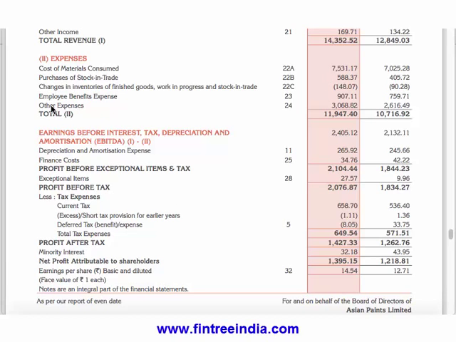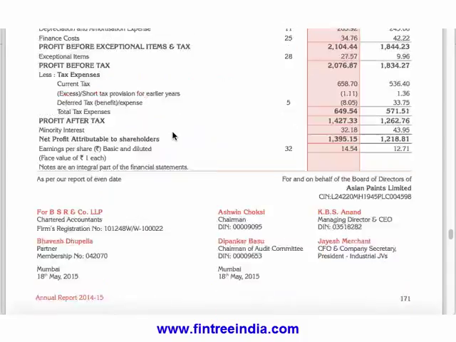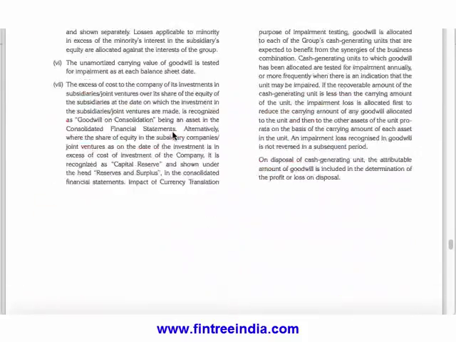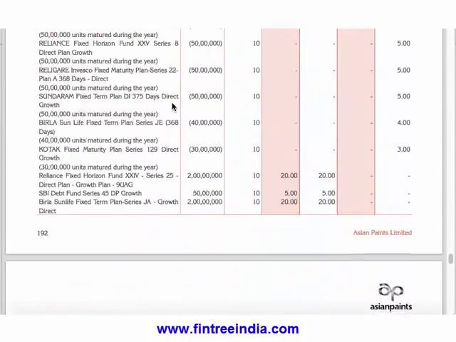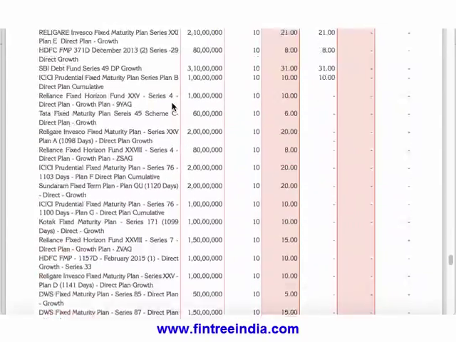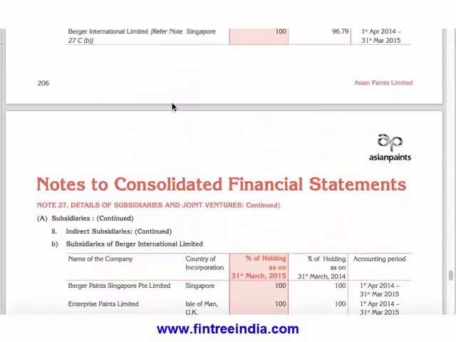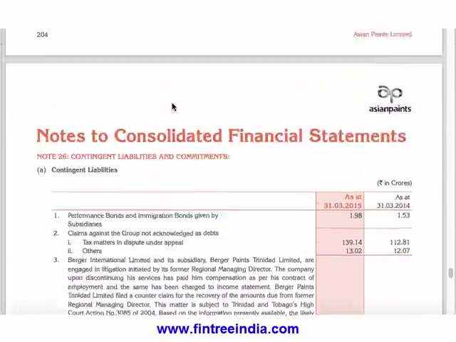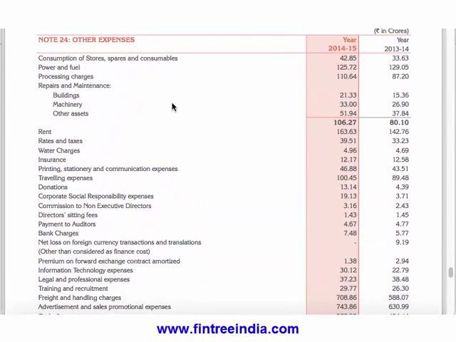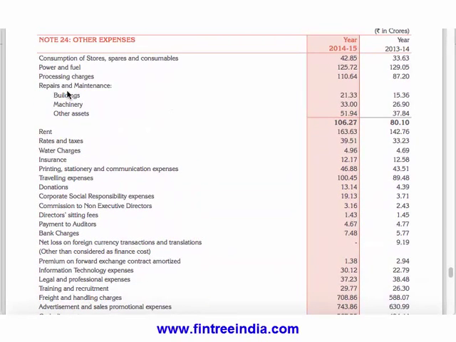Typically marketing expenditure is a part of other expenses in the income statement. So we can look at note 24 to get a sense of how much it is. This is note 12. Note 27, 26, 24. All these are other expenses.